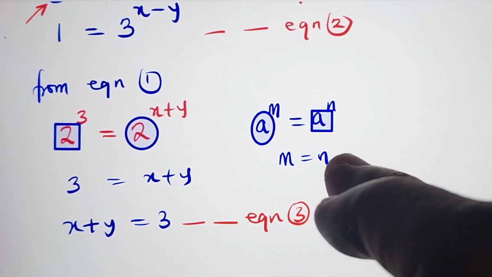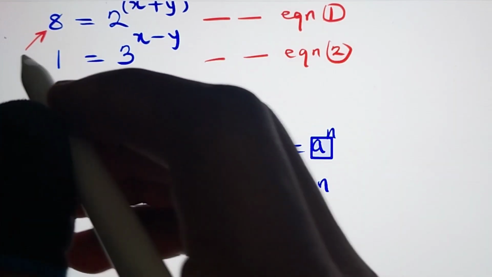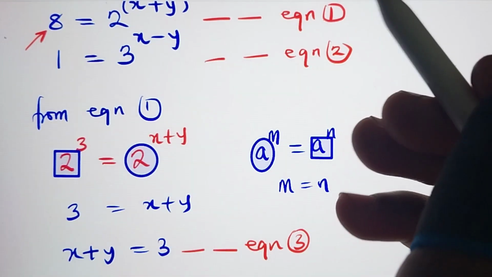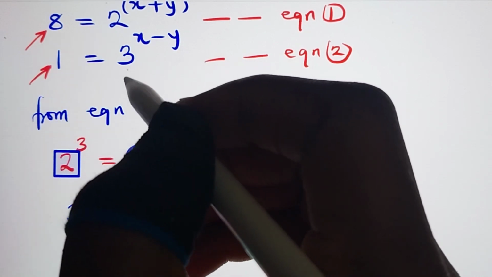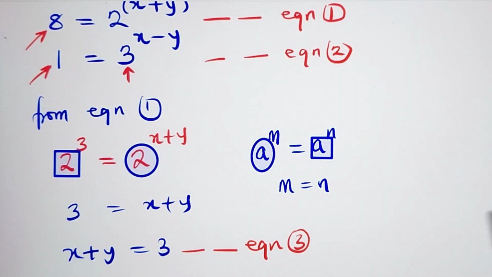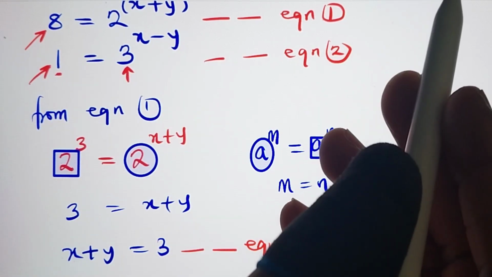I'll do the same thing to equation 2, and the trick here will be to convert this one to 3 raised to power something. Any number raised to power 0 is 1. Since we already know that, then we can change this one here to 3 raised to power 0.